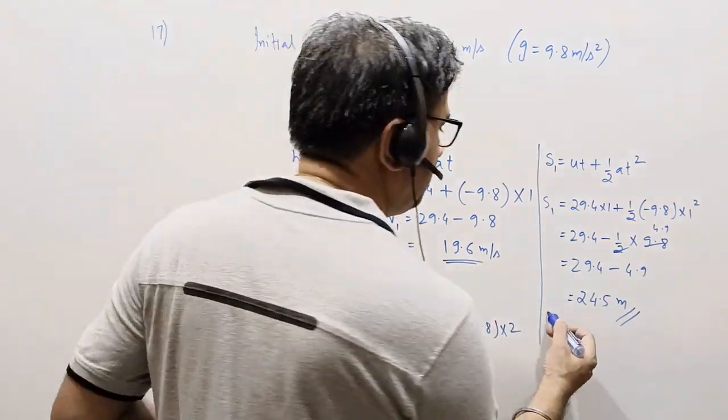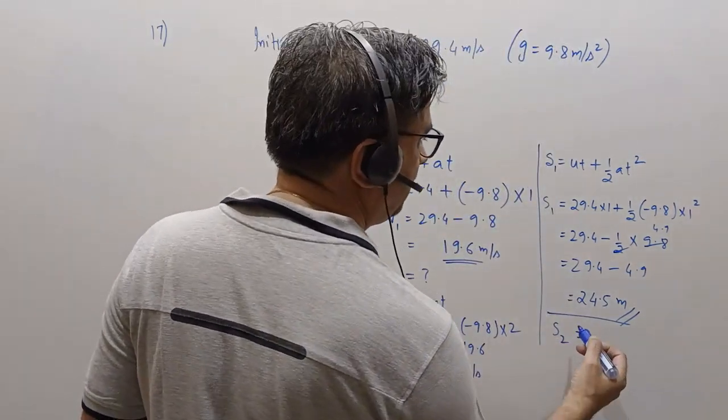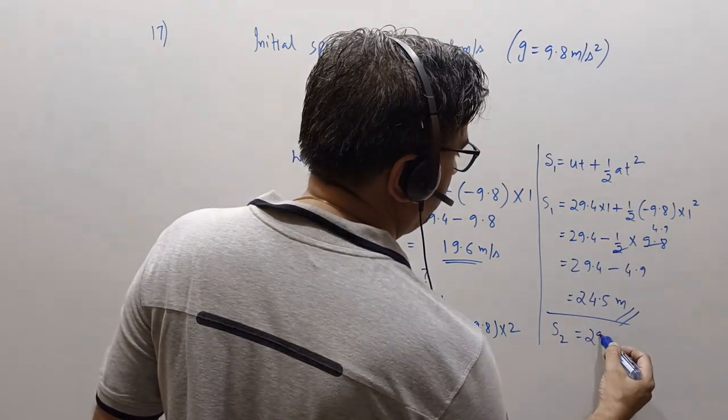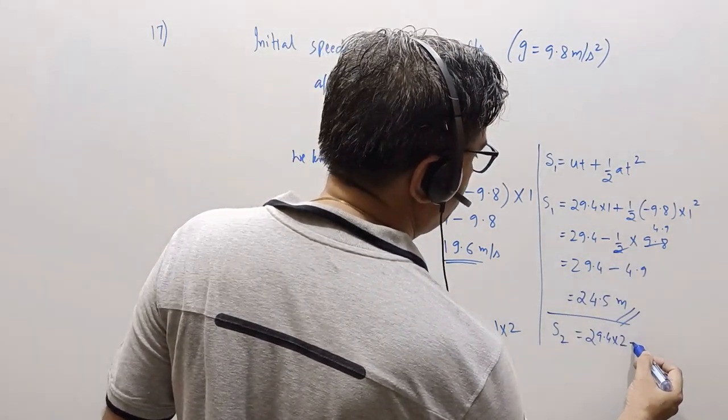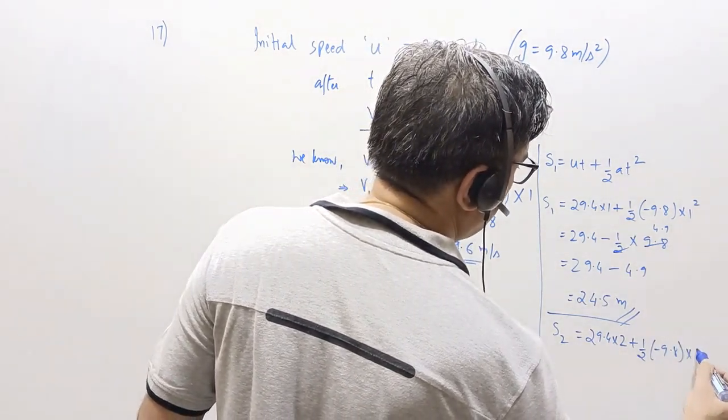We can similarly go for the same, using the same formula. In this case, S2 would be 29.4 into t, in this case t would be 2, plus 1 by 2 into minus 9.8 into 2 square.